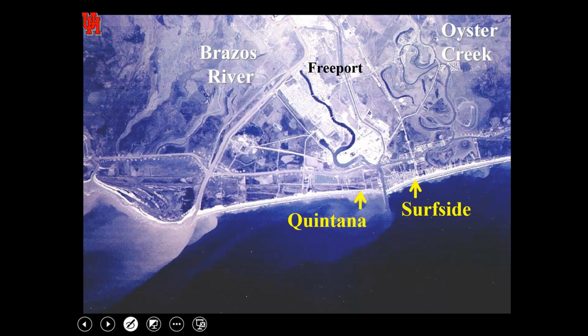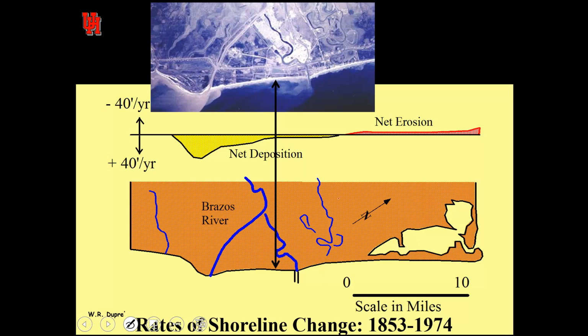Here's Quintana Beach, and there's the Brazos River. Remember, we talked about that earlier. Now, if you look at where it is and where the net amount of deposition was, this is an area of deposition.